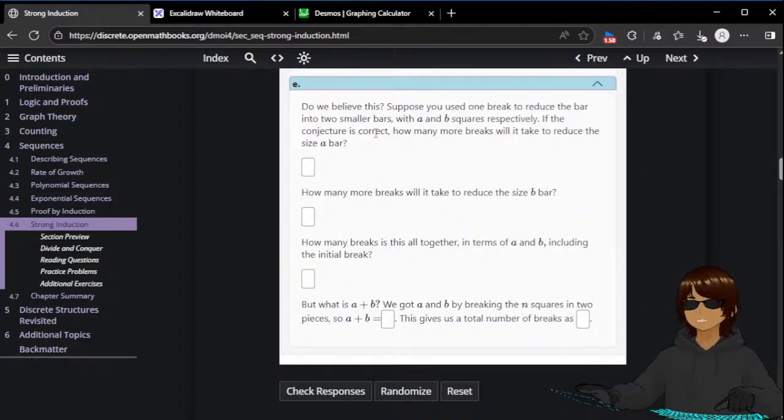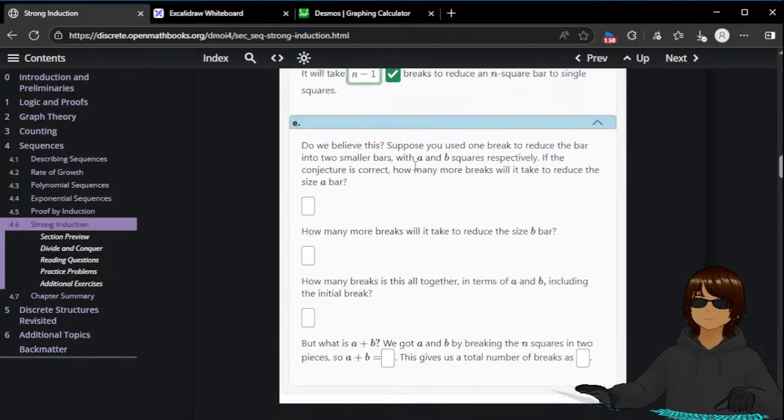Do we believe this? Suppose you used one break to reduce the bar into two smaller bars, A and B squares respectively. The conjecture is correct.